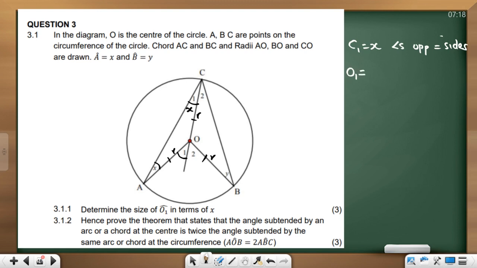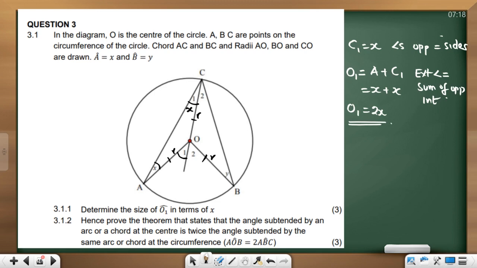O1 actually is A plus C1, which is x plus x, and that is 2x. What's the reason? Exterior angle of a triangle is equal to sum of opposite interior. So O1, the examiner said in terms of x. So we're done.